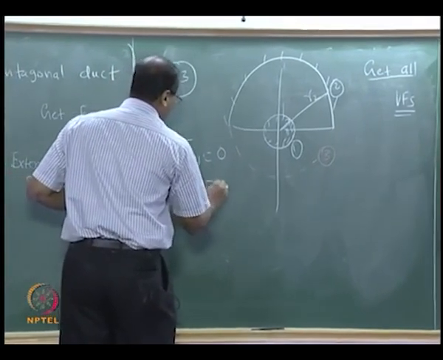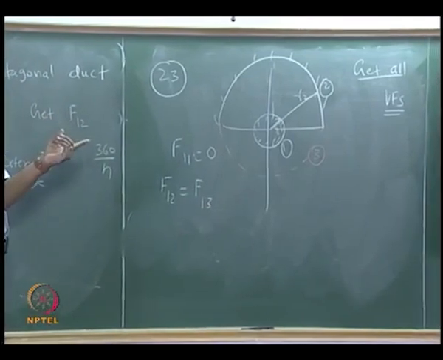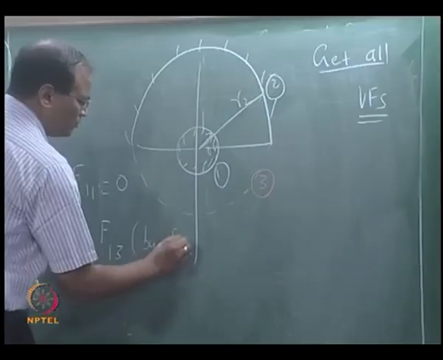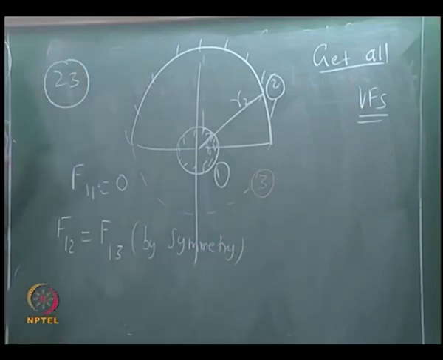F12 equal to F13. Why? By symmetry, correct? It has no special preference. Okay? Are you getting the point?